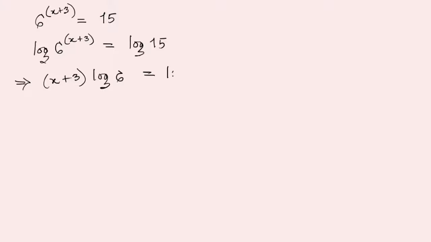And this is equal to log of 15. So to make x plus 3 the subject of the formula, we can divide both sides by log 6. And that will be x plus 3 is equal to log 15 over log of 6.